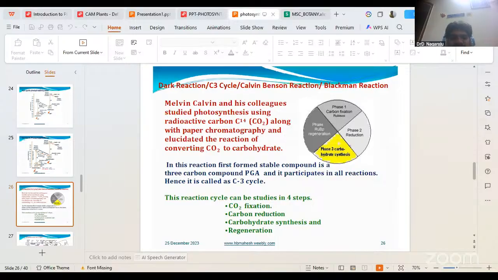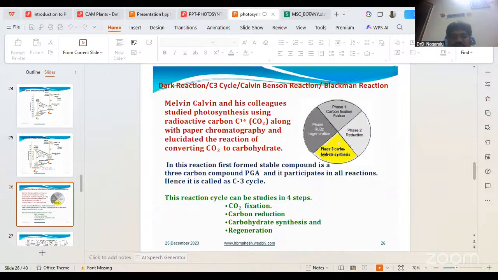Then erythrose 4 phosphate and dihydroxyacetone phosphate form a 7 carbon product, sedoheptulose 1,7 bisphosphate. It releases one inorganic phosphate and becomes sedoheptulose 7 phosphate.